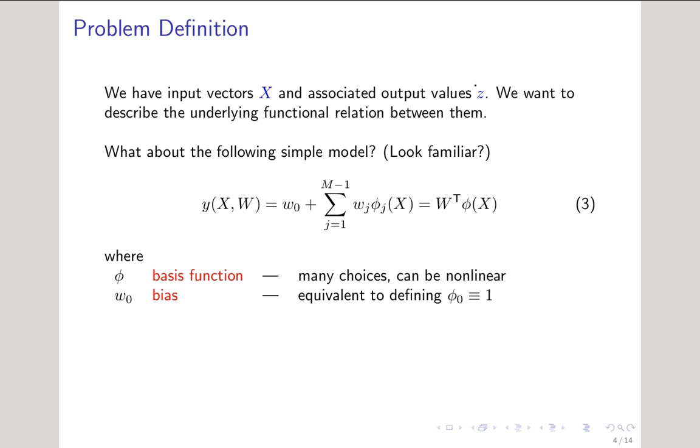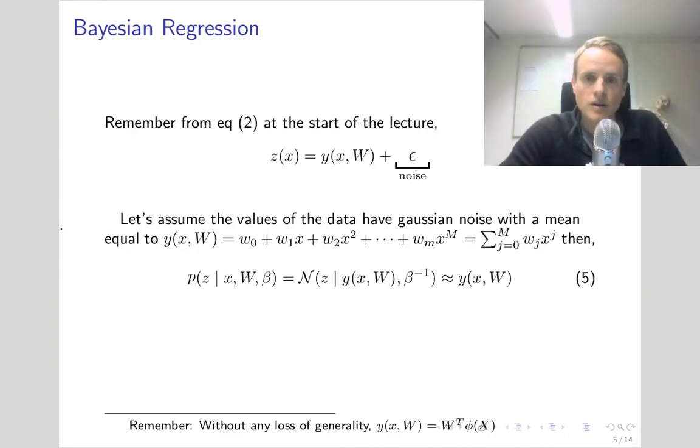We will use the following function y, which is a linear combination of the values of x. And to fit the function, we will seek to minimize the mean squared error between the function y and the target point z.